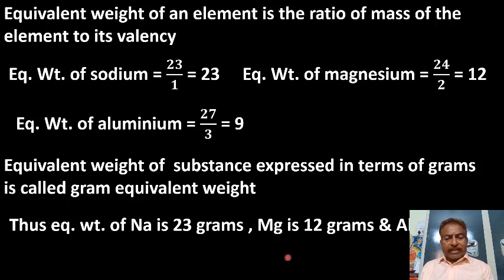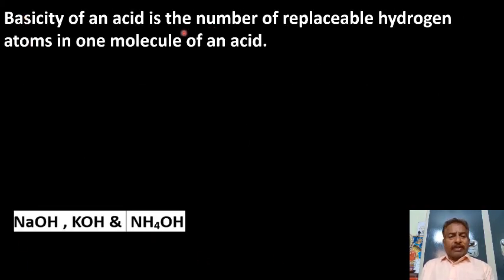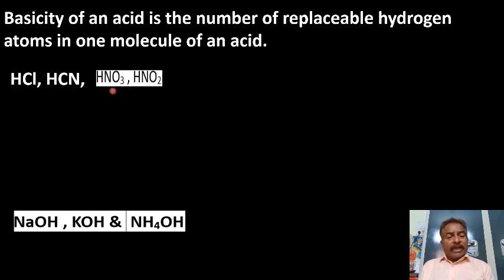So, it is written here. Basicity of an acid: it is the number of replaceable hydrogen atoms in one molecule of an acid. Thus, HCl, HCN, nitric acid, nitrous acid, etc. are monobasic acids, meaning they have only one replaceable H plus ion.